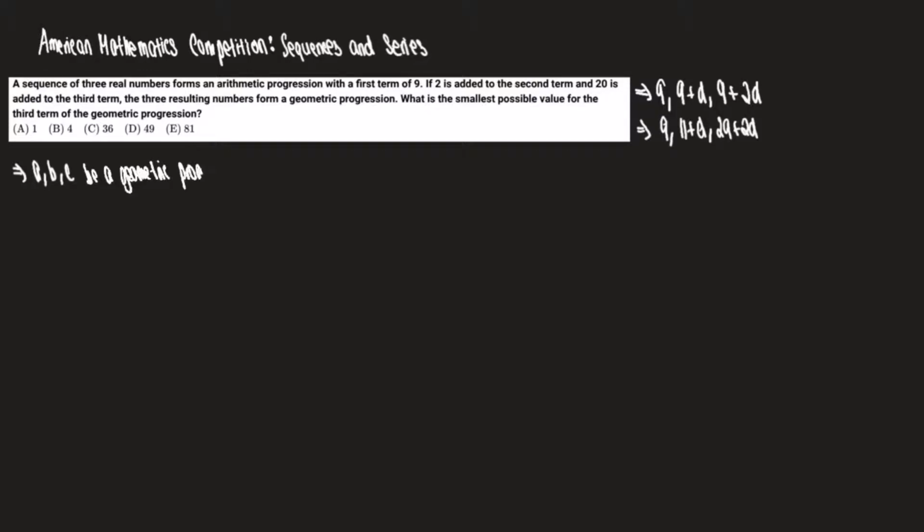This means that... well, actually, what I wanted to say from this is, what is the relationship between a, b, and c? Without any other terms, just the relationship between a, b, and c.